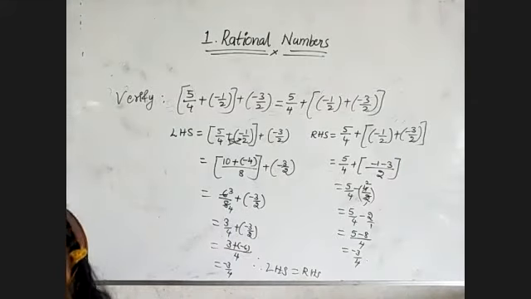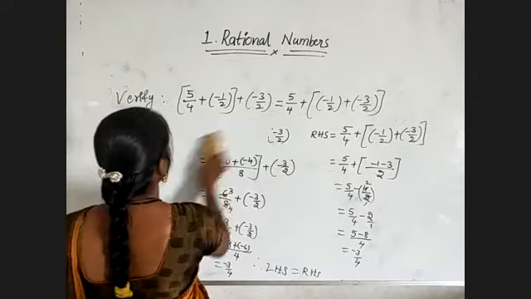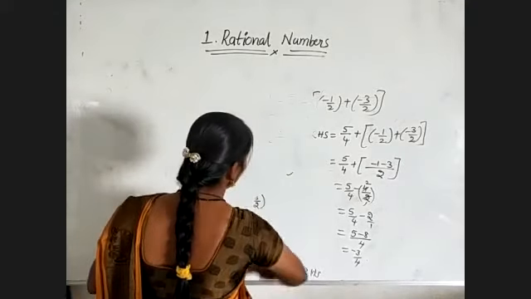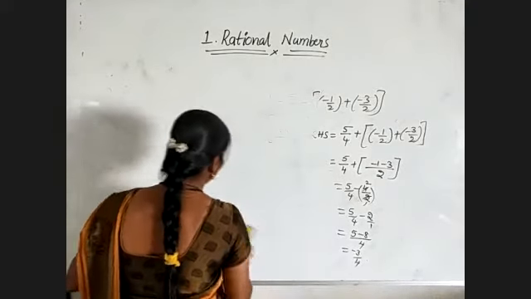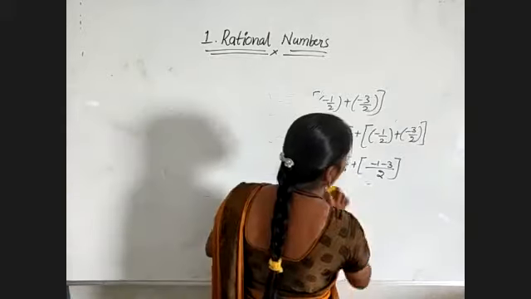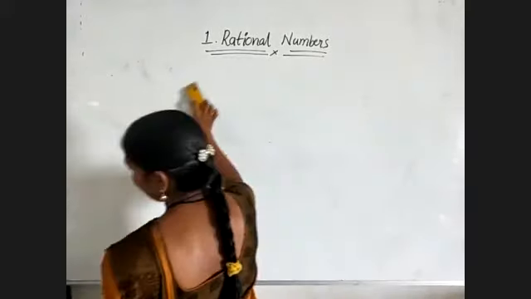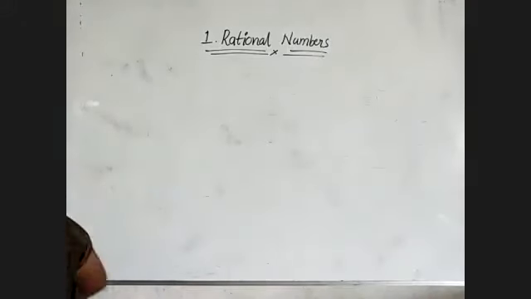Now one more type of question: subtraction. So how we have to subtract the rational numbers. Till now I have been using different properties, how we add and how we multiply rational numbers. Now come to subtraction.